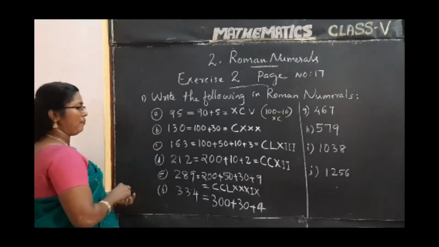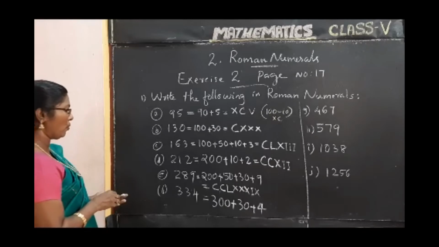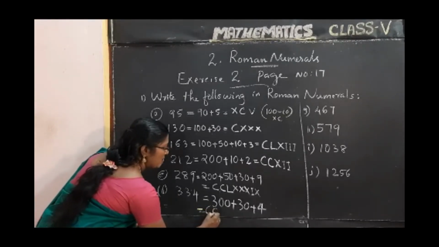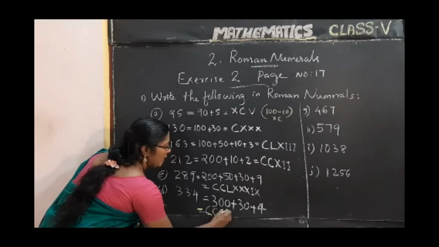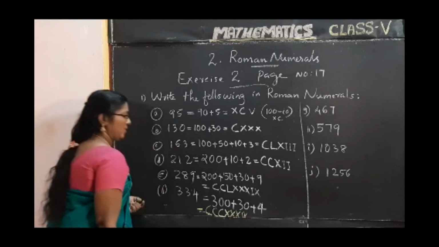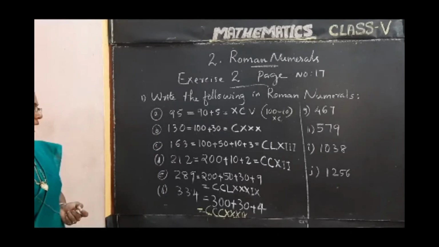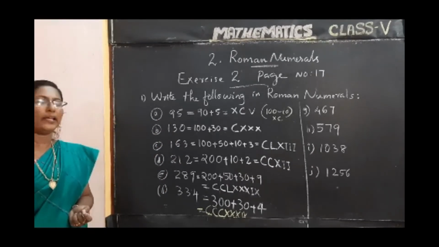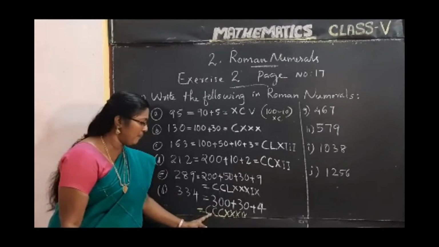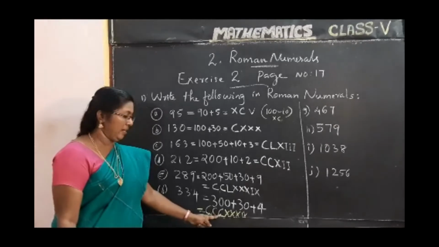Okay. 300 plus 30 plus 4 equals CCCXXXIV. 334. C, 100 plus 100 plus 100, 300.